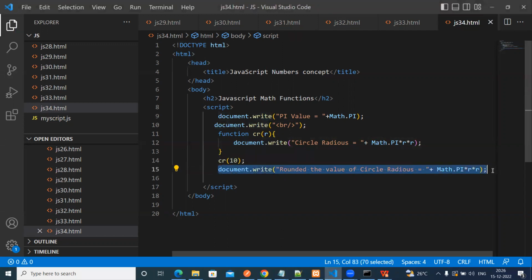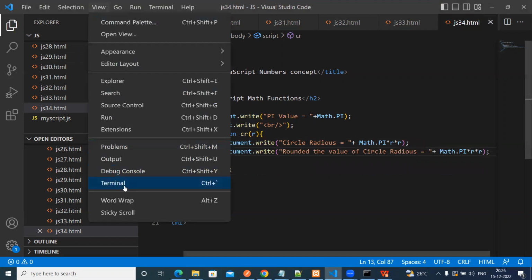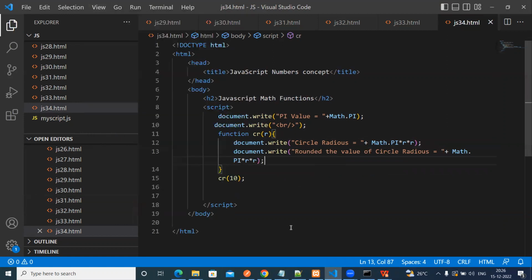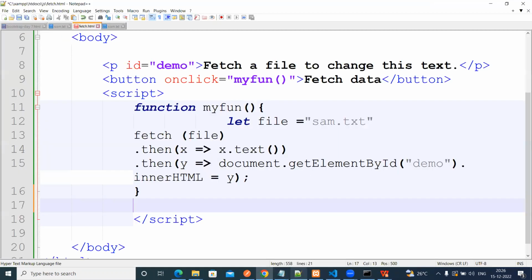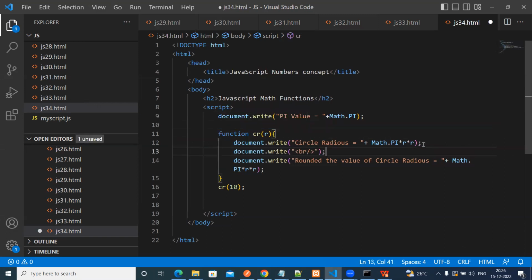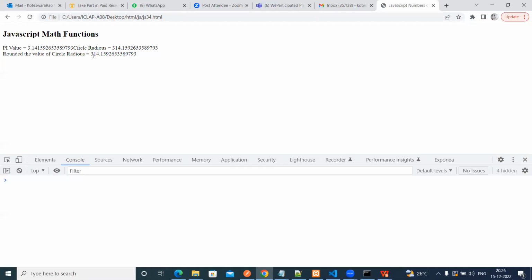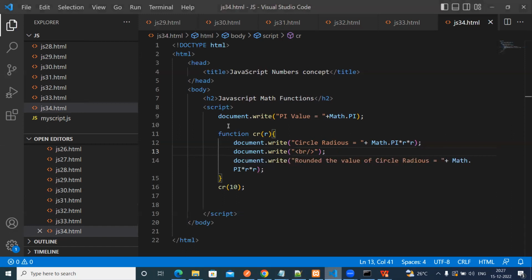So now we can write this inside the function. Then you can see what our value is. We will get 3.14. Okay, so circle radius, Math.PI r square, and we are rounding it, right?